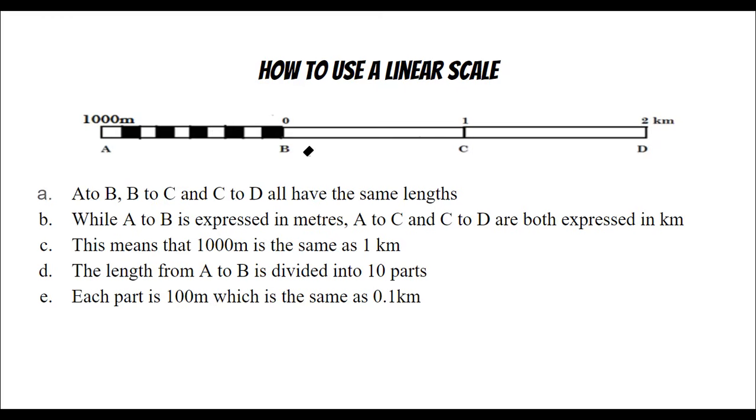Now, since this same distance, that is 1,000 meters, is the same as 1 kilometer, it means that this 1 kilometer is divided into 10 parts. So if we divide 1 kilometer by 10, we're going to get 0.1 kilometer.